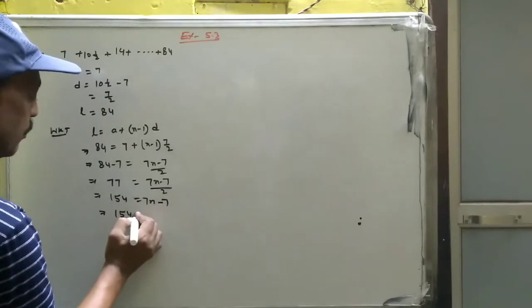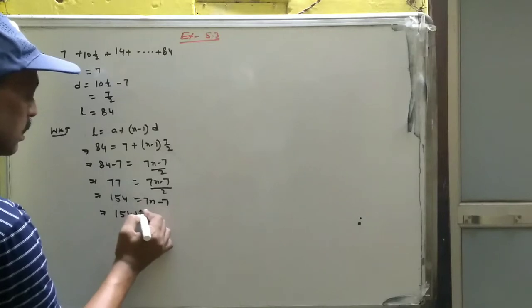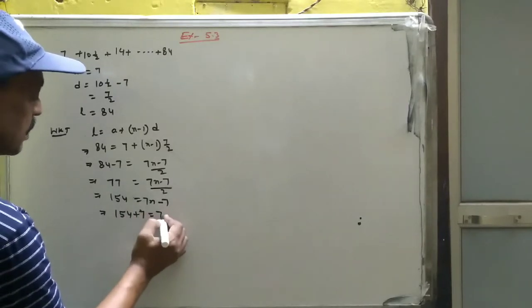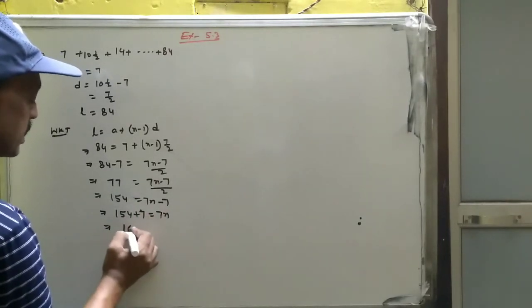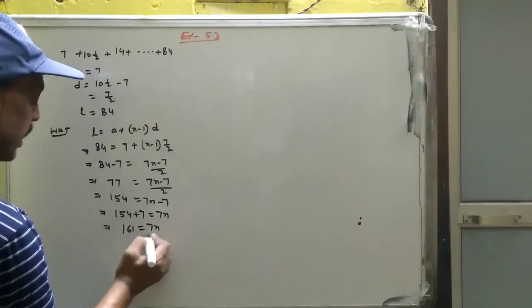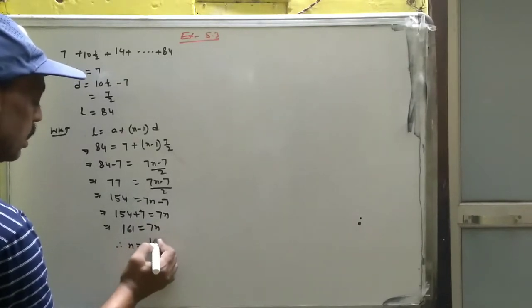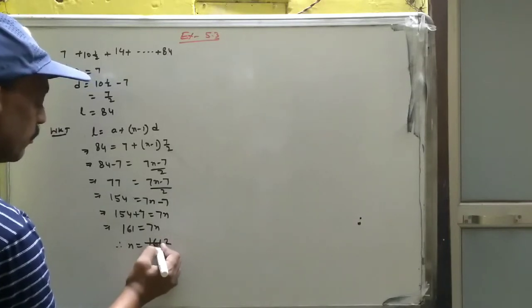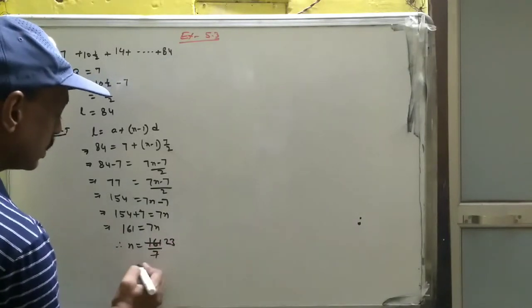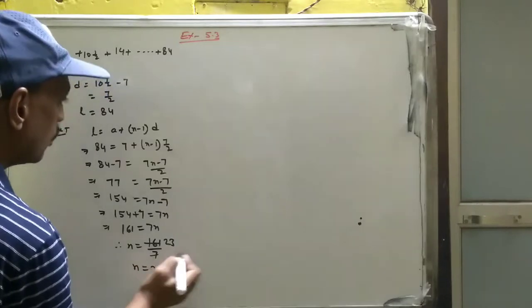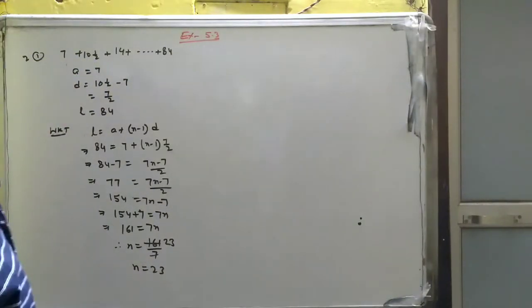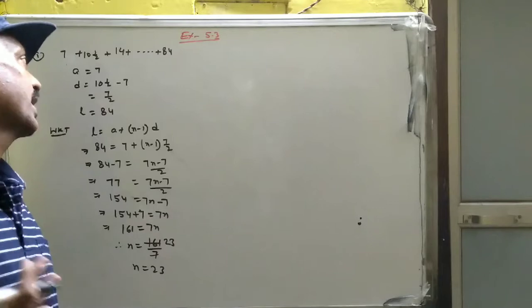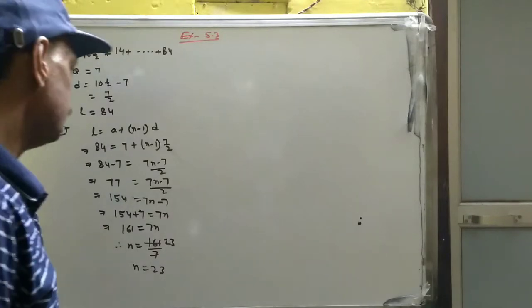So 154 plus 7 equal to 7n. Now it is 161 equal to 7n. So therefore n equal to 161 upon 7. 7 2s are 14, 7 3s are 21. n equal to 23.